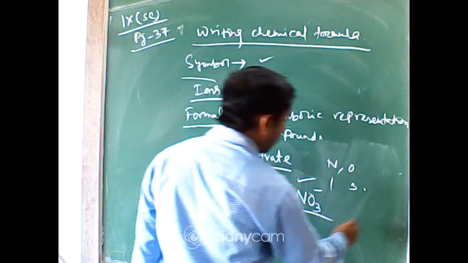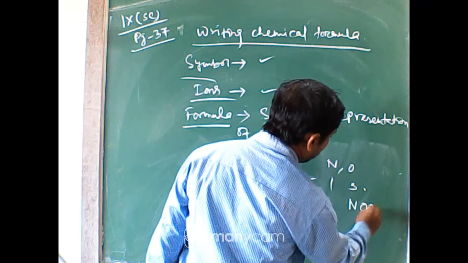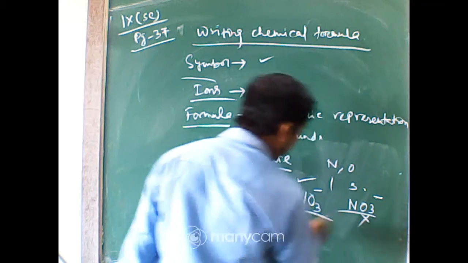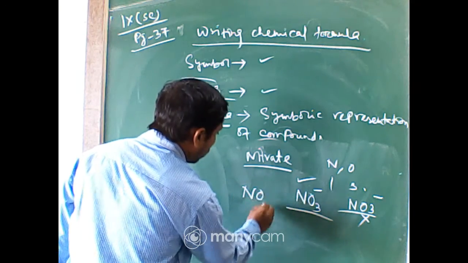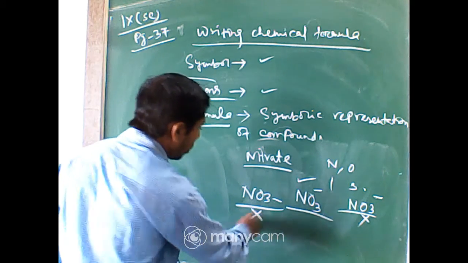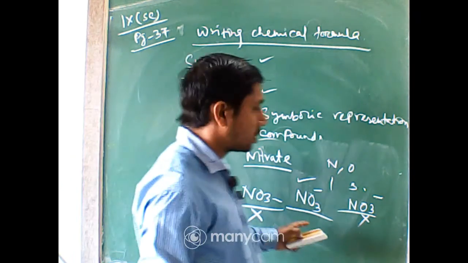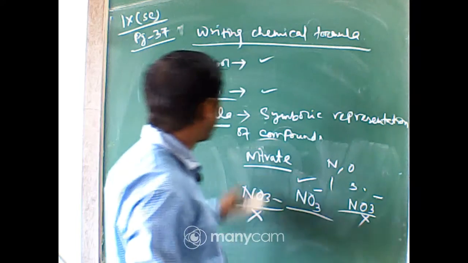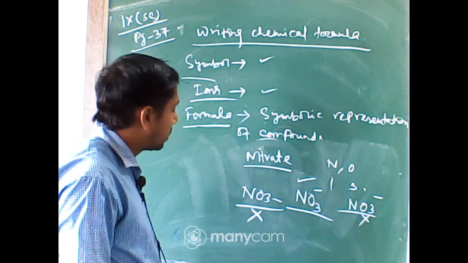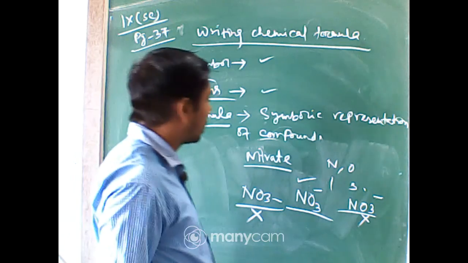But if we represent it as NO3 with the wrong sizing, it is the wrong one. This is also a wrong one. So, you have to represent it in the correct manner. Okay, so this is the symbolic representation of nitrate, and the previous one was the representation of phosphate.